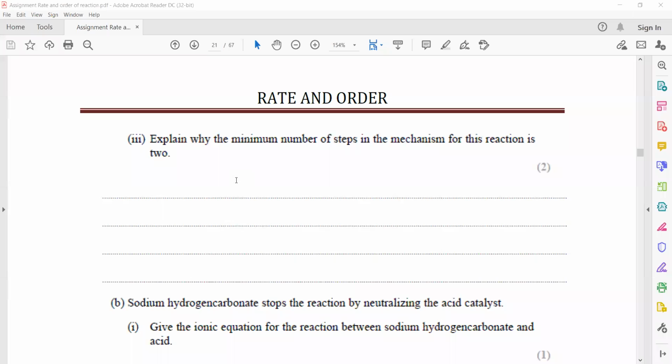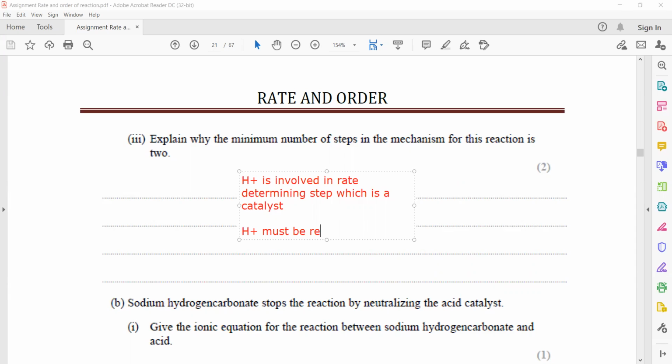So why the minimum number of steps? Here hydrogen ion is involved in the rate determining step, which is a catalyst, and hydrogen ion must be regenerated for this reaction.